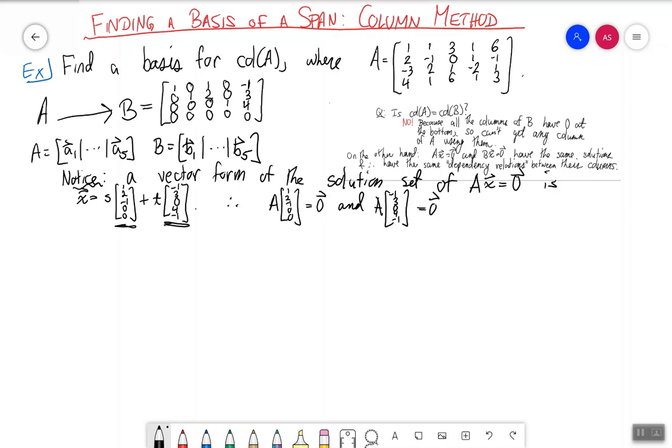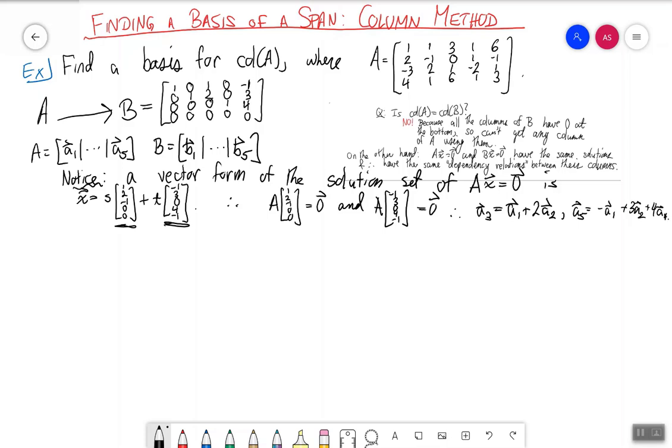And this implies, therefore, by looking at these as dependency relations between the columns, as linear combinations of the columns which give us 0, this tells us, after rearranging terms, that A3 is equal to A1 plus 2A2, and A5 is equal to minus A1 plus 3A2 plus 4A4.